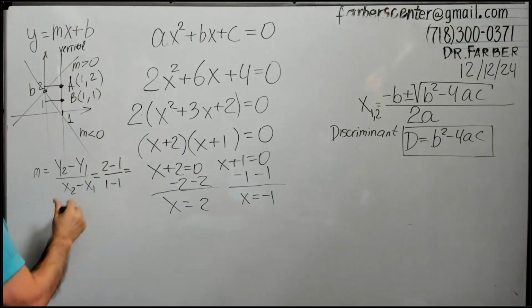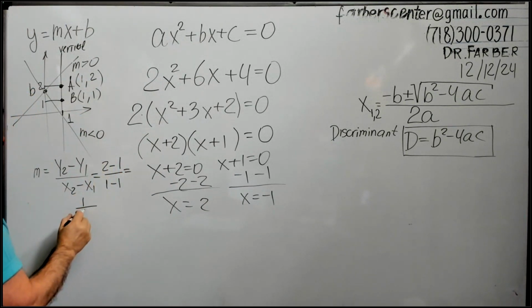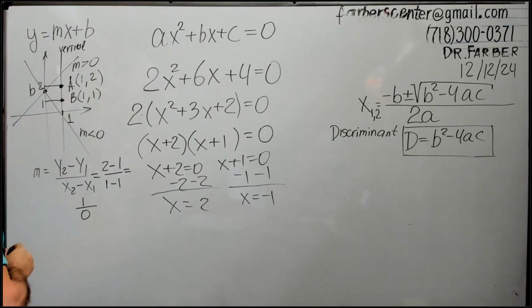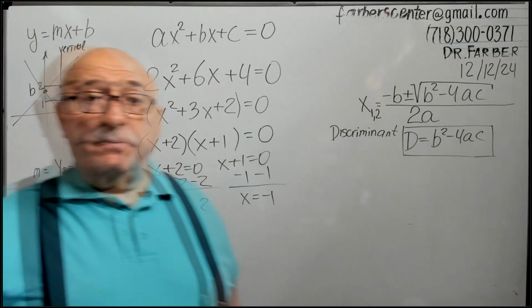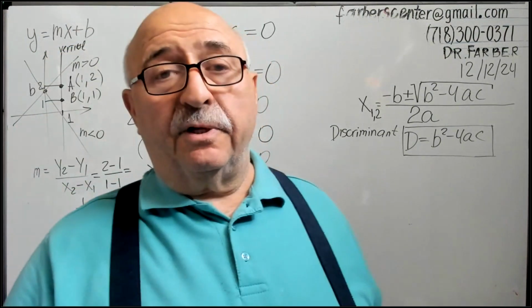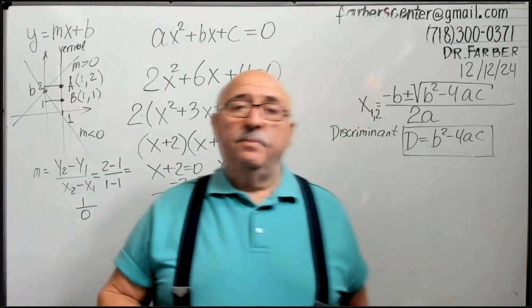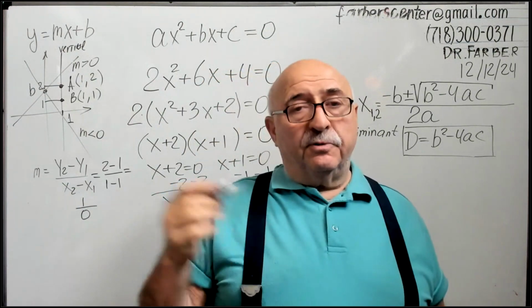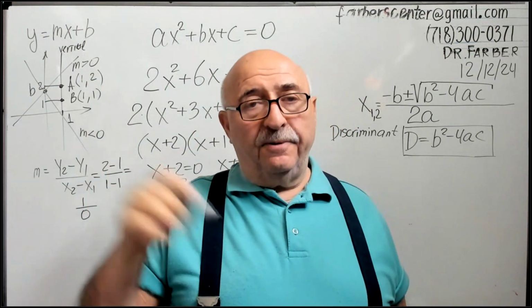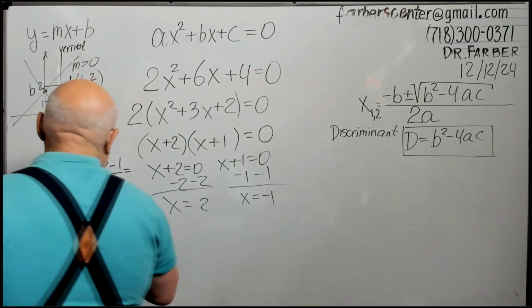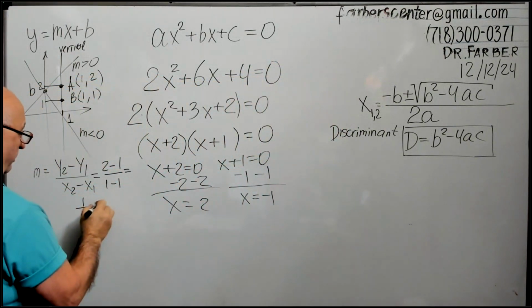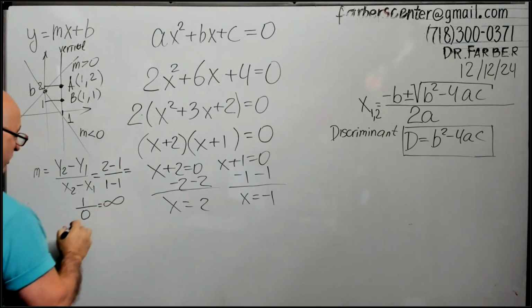I get 1 divided by 0, which is impossible in math, right? This is like capital punishment. If you study calculus, infinity, right? So there is no slope.